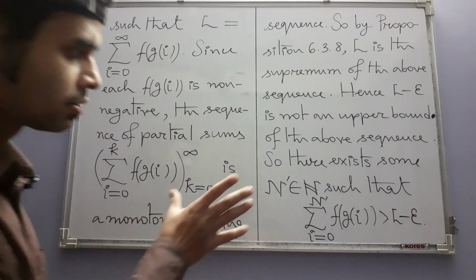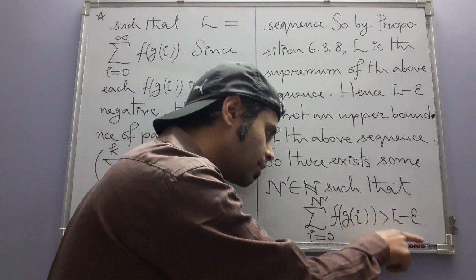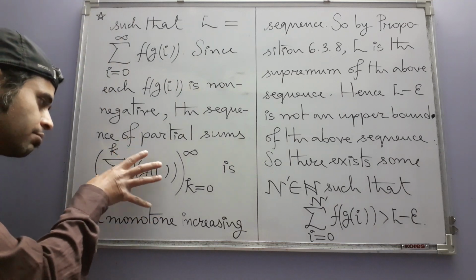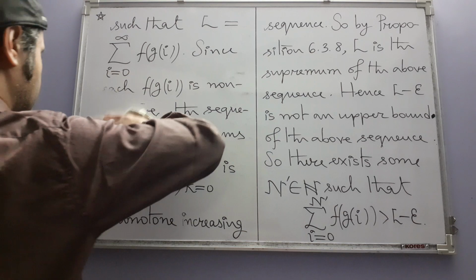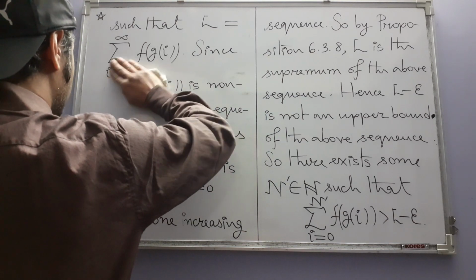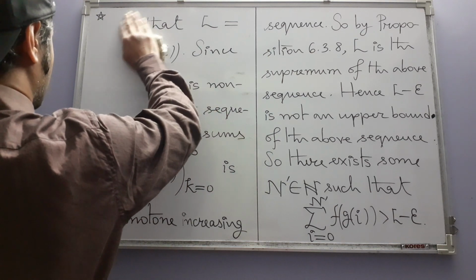So this inequality prevents L minus epsilon from being an upper bound of this sequence. But now what is the consequence of such an inequality?